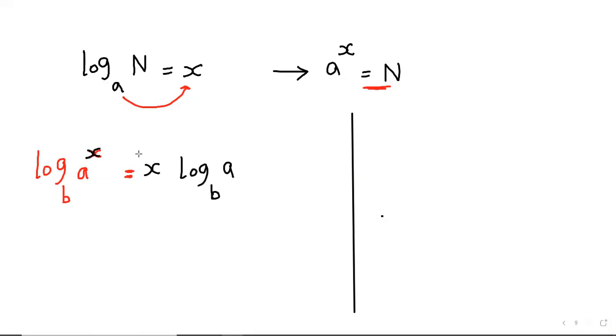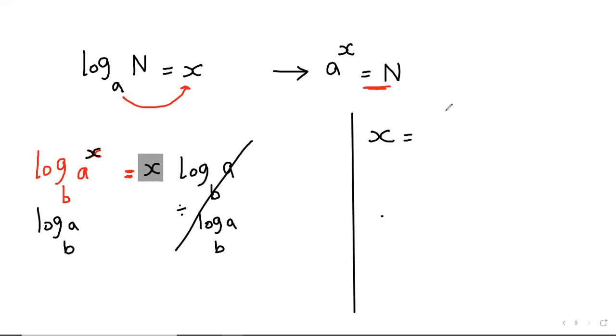From that, we can find the value of x by dividing both sides by log a in the base b. So cancel them out. And here you will end up with x equals log a to the power of x in the base b divided by log a in the base b.